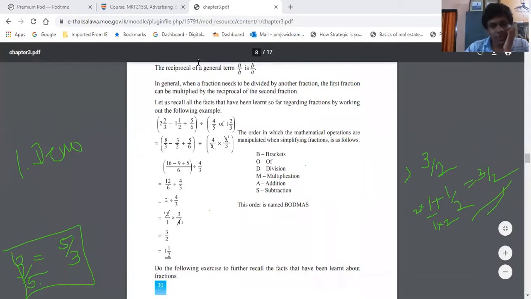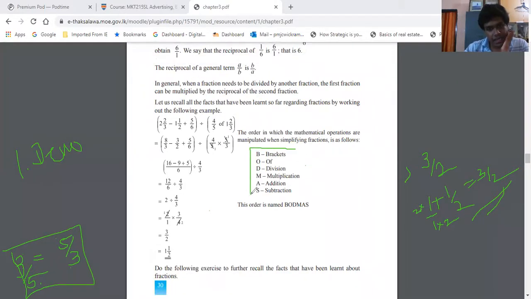How to do this? First of all, you should know the BODMAS theory. I don't know whether you have learned it, but if it's the first time you are learning, let me teach you. BODMAS is a theory we use when it comes to simplifying fractions and getting an answer.